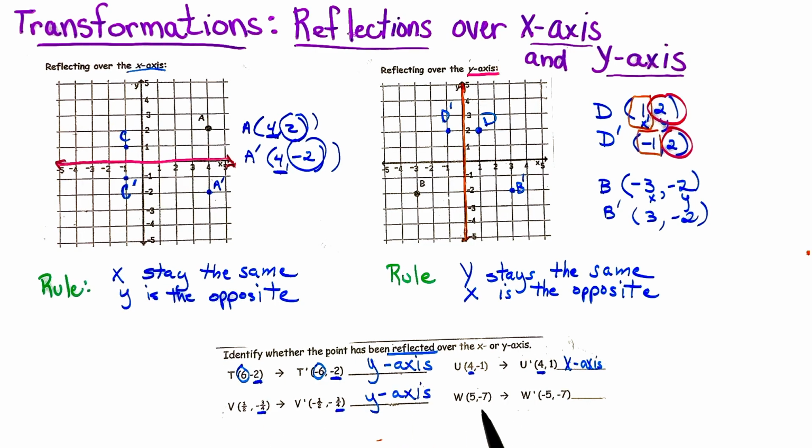For W, I have 5 and -7, and W prime is -5, -7. Again, I'm finding where it stays the same. It stays the same for the y, so we know it is reflected over the y-axis. To double check, you can see that the x's are a pair of opposites.